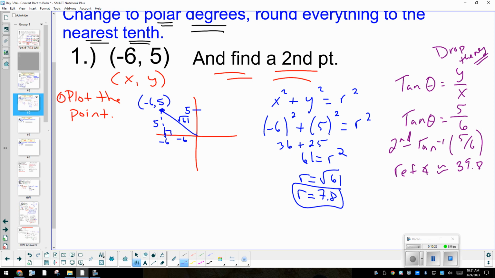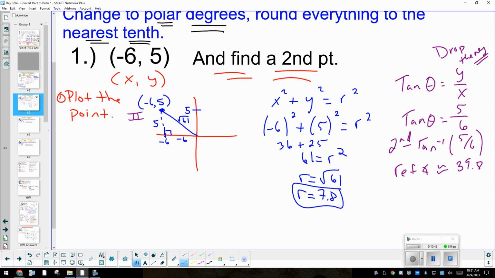You all right? Okay, so now this is where, like, when I stressed you guys about learning how to plot these points, is now you have to look here because that's your reference angle. But where did we plot the point? What quadrant? The second. So now you're like, oh crap, I need a theta in the second quadrant. Okay, so I need an angle in the second.